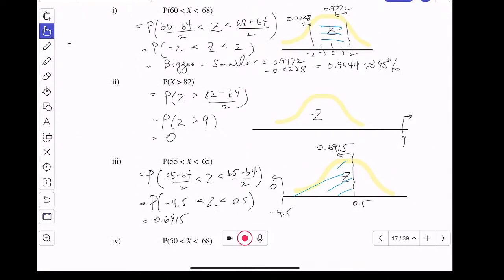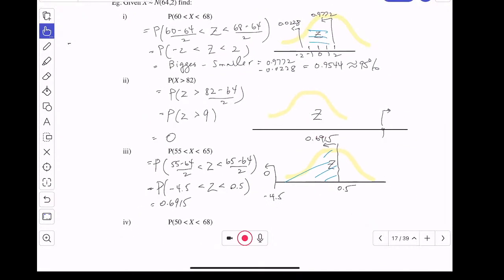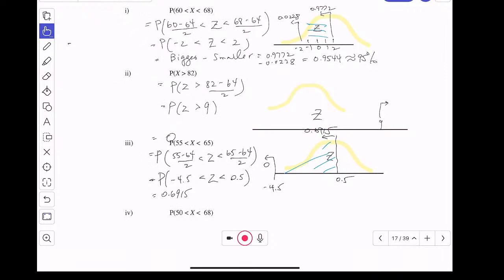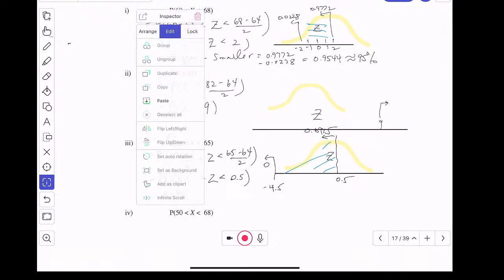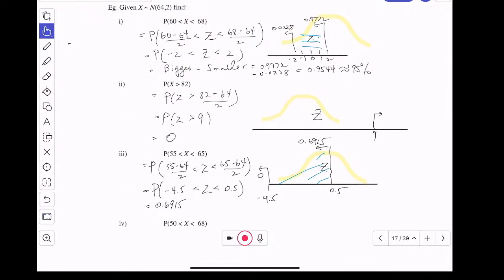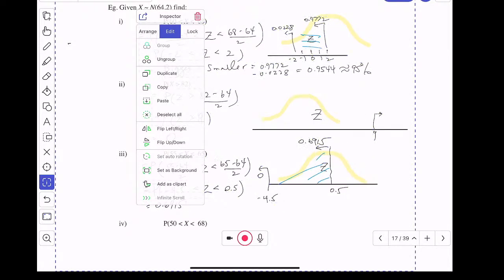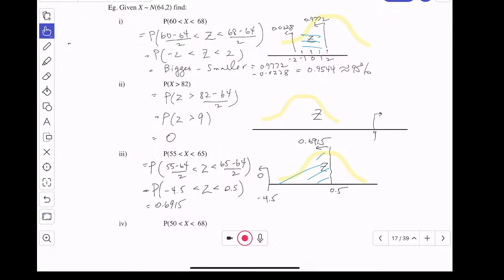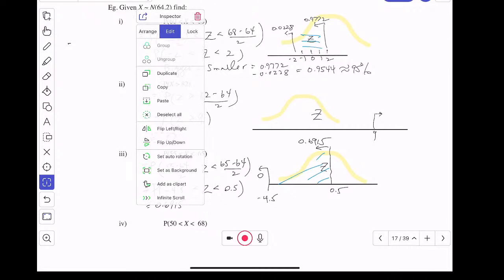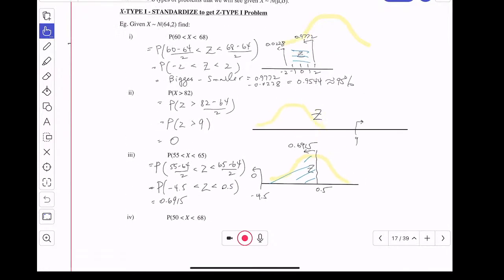Any questions while I'm tinkering with this? Did I get it all? Nope.